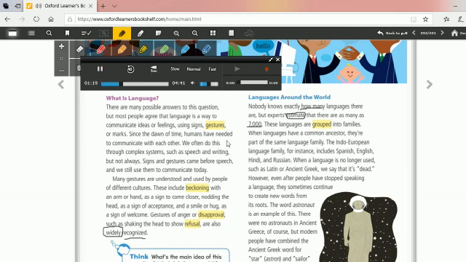These languages are grouped into families. When languages have a common ancestor, they're part of the same language family. The Indo-European language family, for instance, includes Spanish, English, Hindi, and Russian. Please circle the word ancestor.